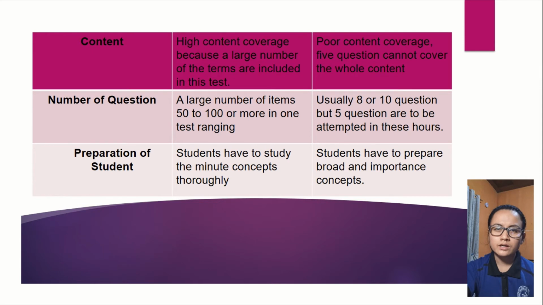Objective tests cover a large number of items, 50 to 100 or more in one test, while subjective tests usually have 8 or 10 questions but 5 questions are to be attempted in these hours. Lastly, based on the preparation, students have to study the minute concepts thoroughly in objective tests, while students have to prepare broad and important concepts in subjective tests.